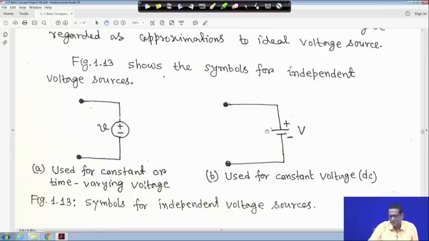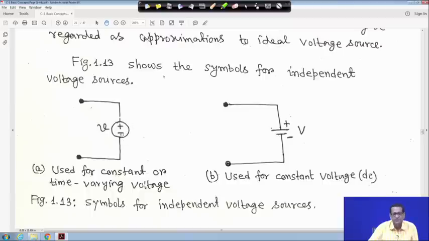And in this other one, where we make plus and minus with parallel lines, the larger continuous line is plus and the smaller one is minus. This is actually a pure DC source, but the circle symbol can be used for constant or time varying voltage. That symbol means both.